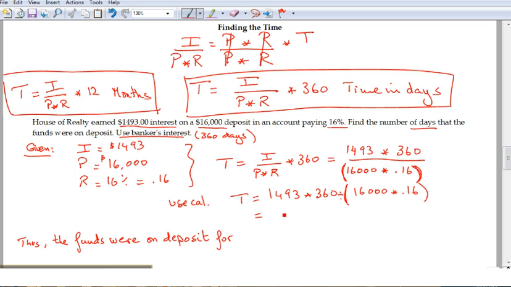If you enter everything in a calculator, you'll find that t equals 209.95, which is approximately 210 days.